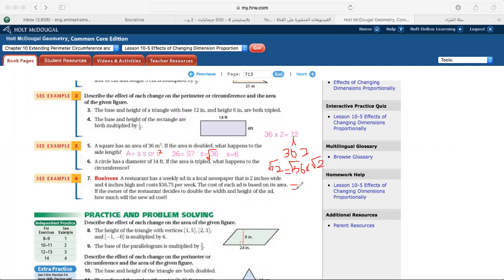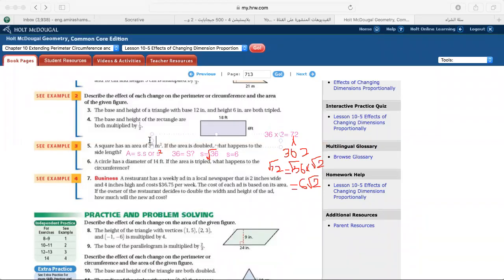The square root of 36 is 6, and here I will keep the square root of 2. So before it is 6, now it is 6 root 2. So what happened? It is multiplied by root 2. So when the area is doubled, the side will be multiplied by root 2.